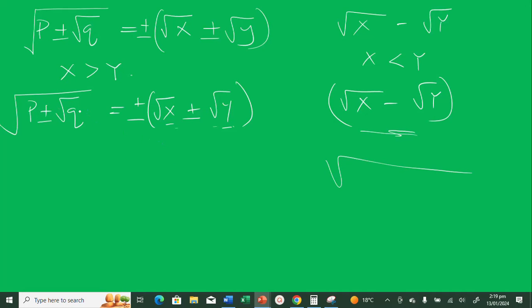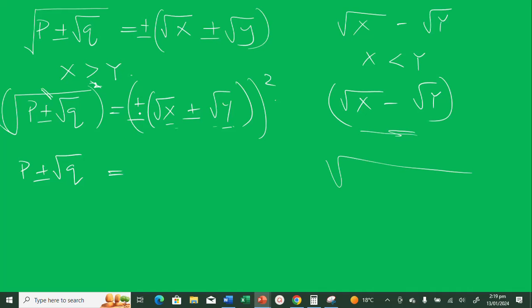For us to solve for x and y, we begin. What we do is square both sides. If we square both sides, we remove the square root on the left. So you now have on the left hand side P plus or minus the square root of Q, which will now be equal to this square.